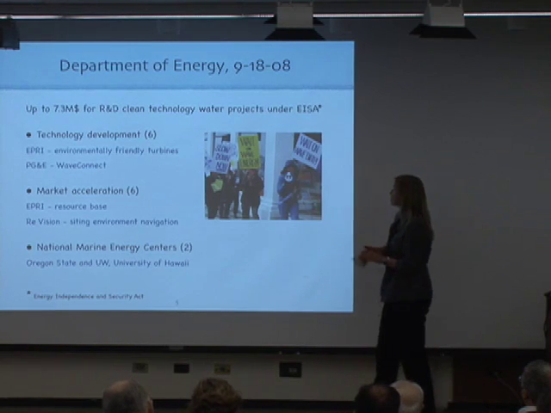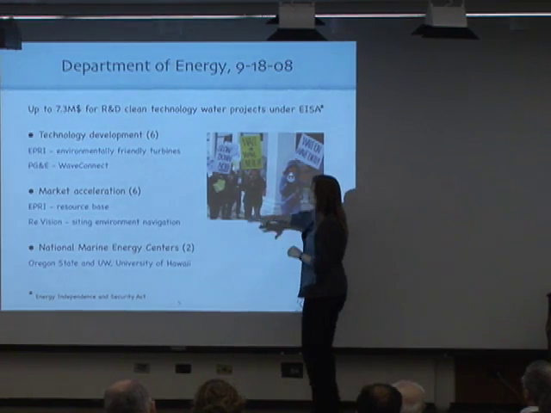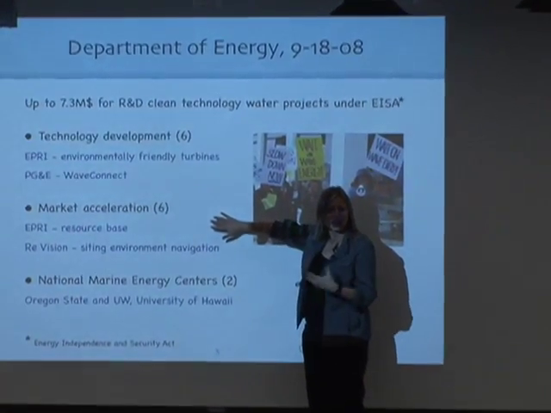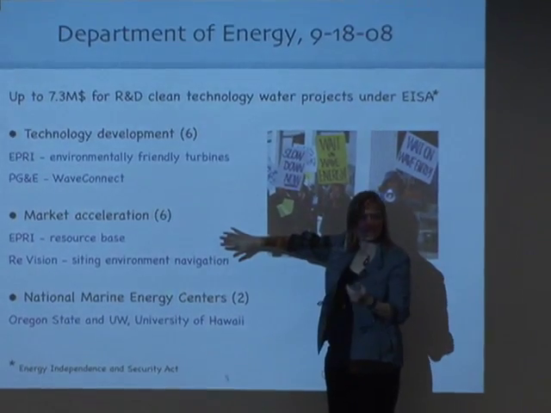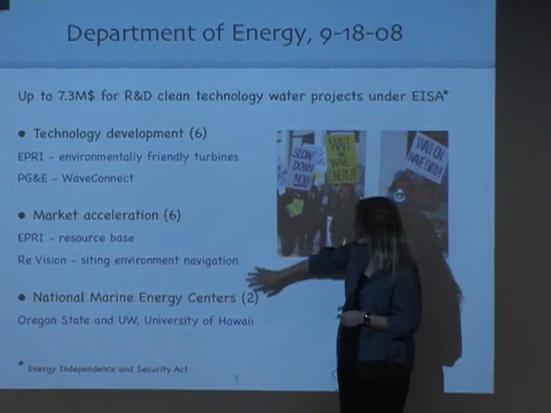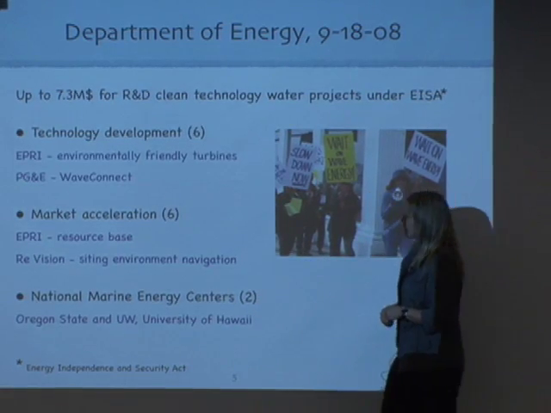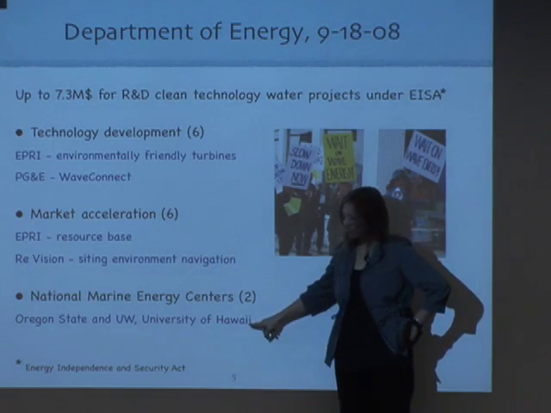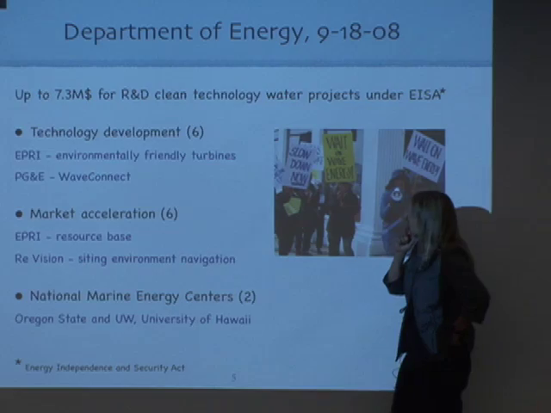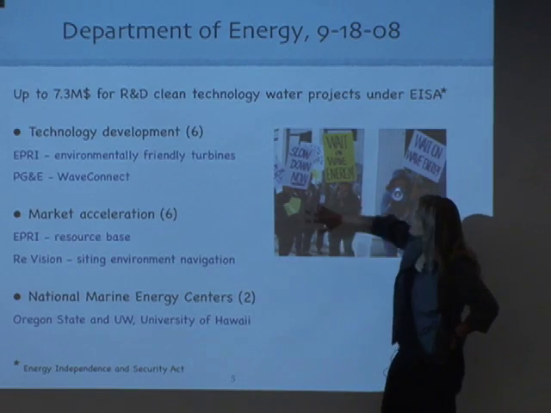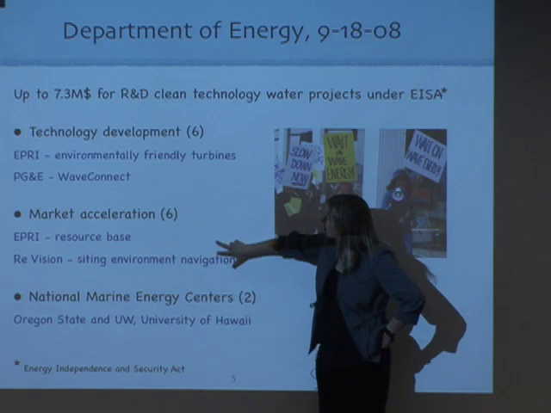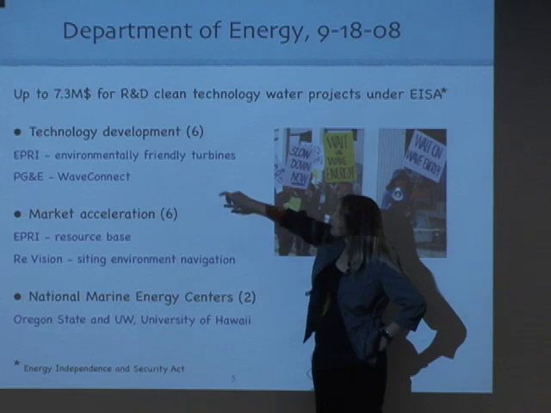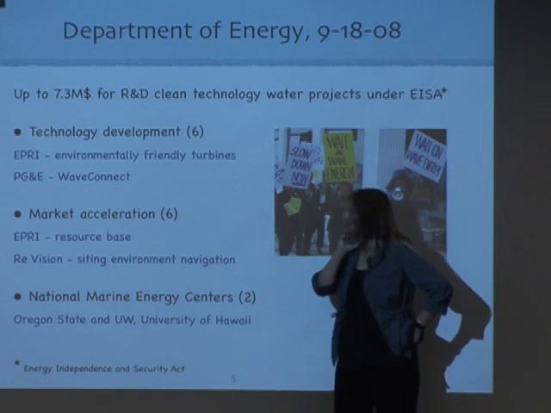They're sponsoring a total of 14 projects, 6 on technology development, 6 on market acceleration, looking at market barriers, how you can get these sort of systems going and accepted in the market, and then 2 by establishing national marine energy centers, and unfortunately Stanford is not on here. This is Oregon and the University of Hawaii. But what's interesting is that out of these 6 here and these 6 here, there are 2 local main players in this area, EPRI here in Palo Alto, and also PG&E.